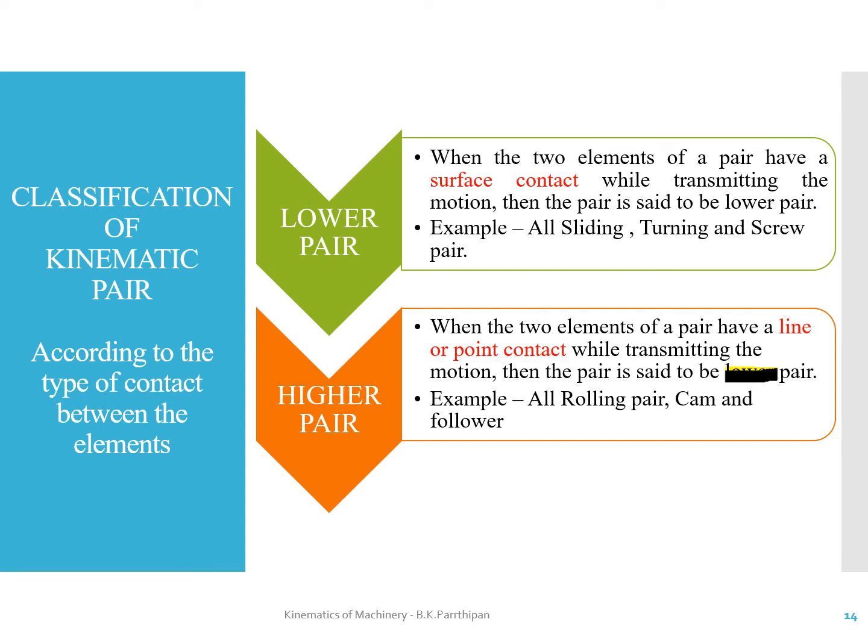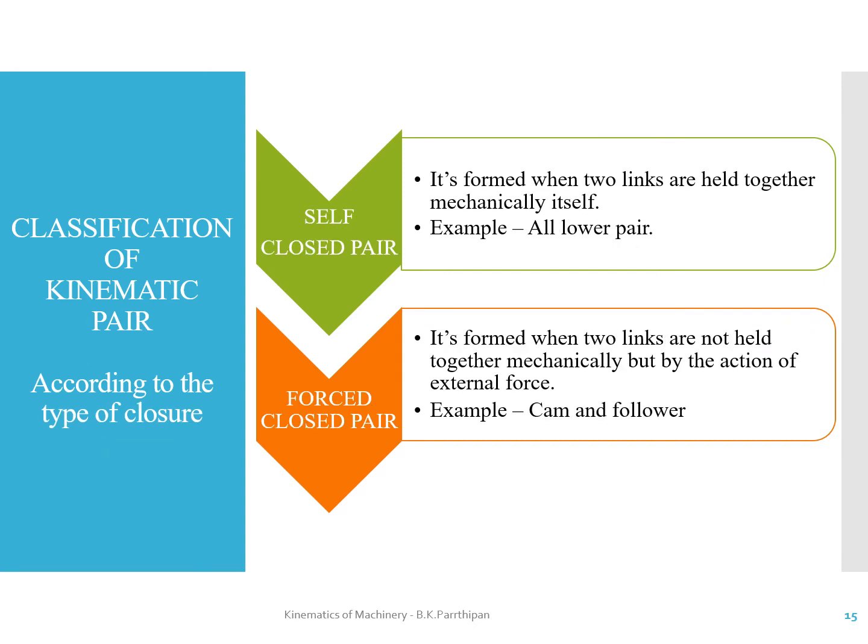The next classification of kinematic pair, according to the type of closure, is self-closed pair or forced closed pair. We classify this according to the mechanical contact between the elements. A self-closed pair is formed by means of itself.